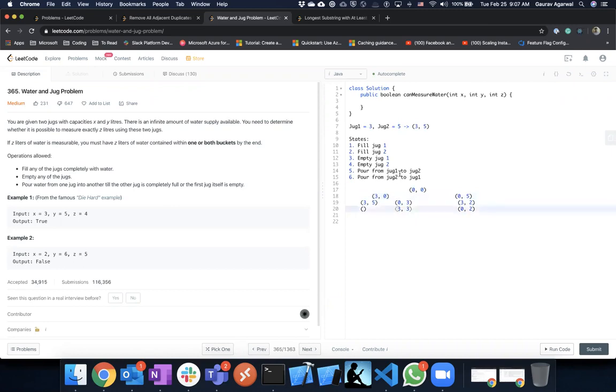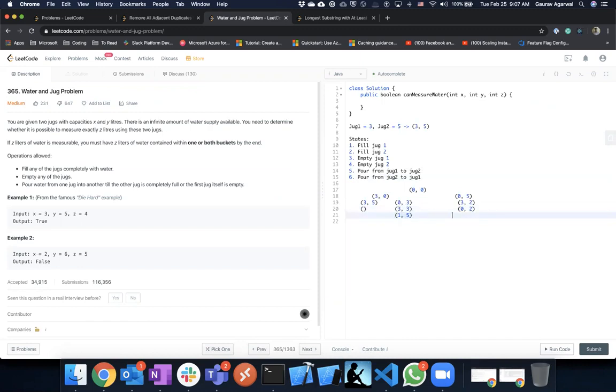Pour water from jug 1 to jug 2. Now how much water can go into jug 2? 5. How much is remaining? 1. So definitely we can perform this step. Pour from jug 2 to jug 1, jug 1 is already full, so we cannot go anywhere. So that's what we have as of now.